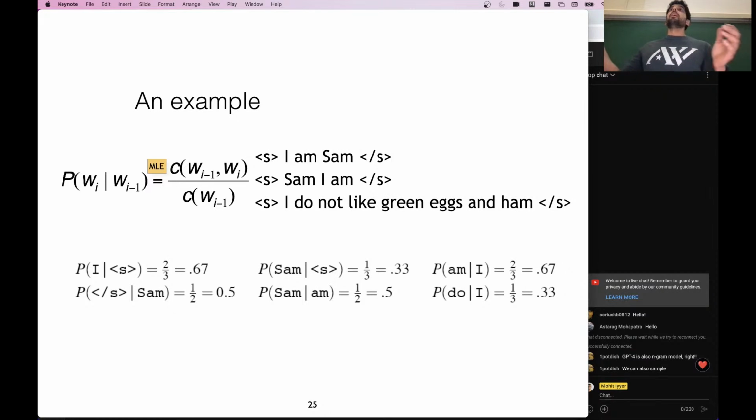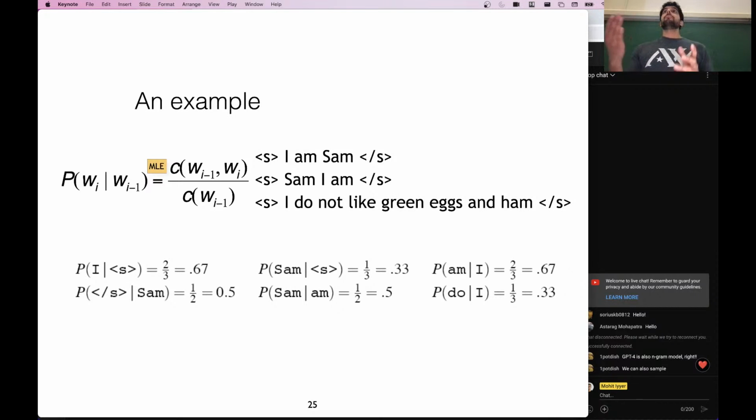Similarly, I can compute all of the probabilities of the different pairs of words, and then I have my bigram model. All of the other probabilities in this example are set to 0. The probability of the end of sequence symbol given the start of sequence symbol is 0 because we observe none of these occurrences. This is simple enough.